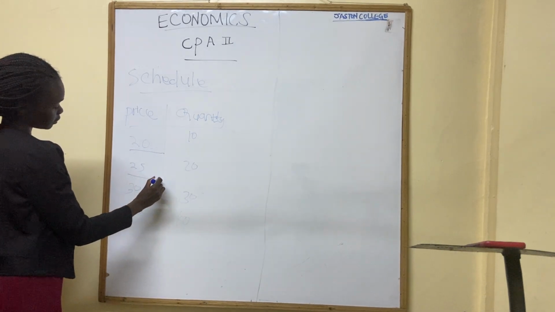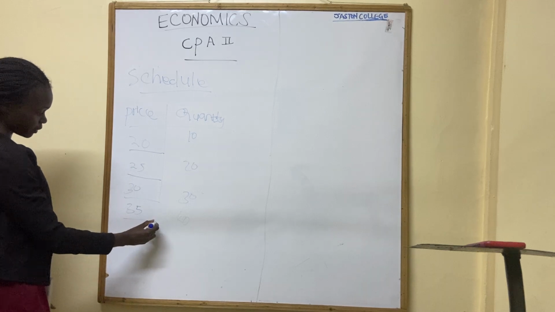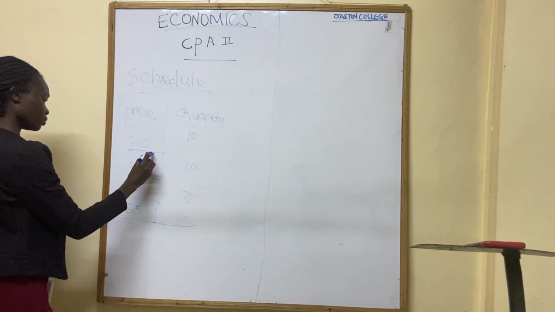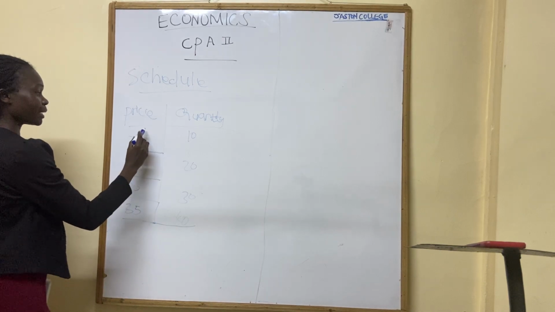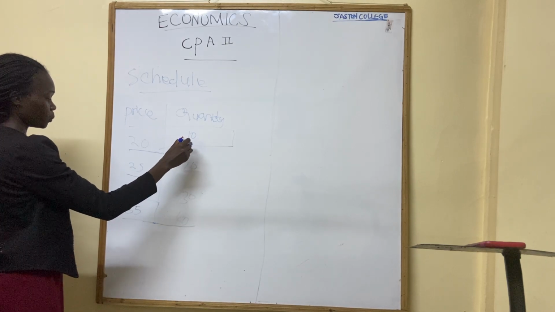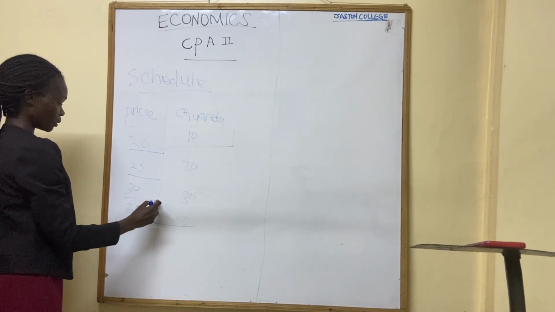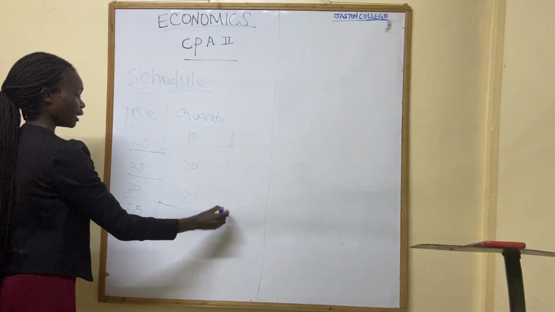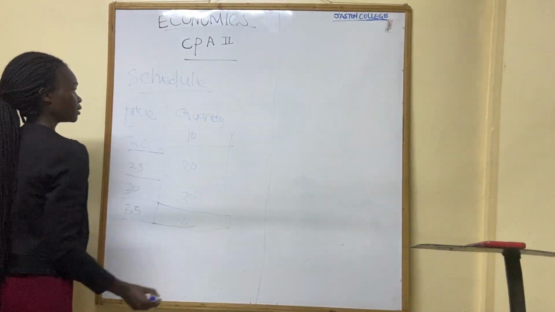This price is low and the one down is higher. When the price is lower, the quantity supplied will be low, and when the price is higher, the quantity supplied will be high. This is a schedule.